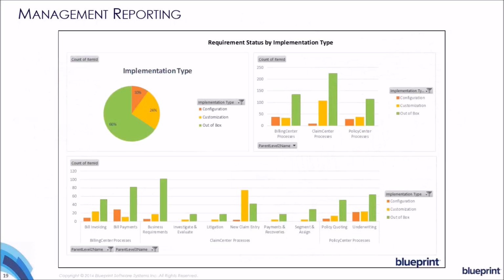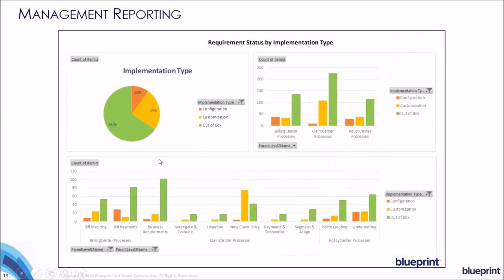Here's an example that I wanted to share with you of requirement status by implementation type. If you're implementing a packaged software, and let's say in the top left there, the implementation type is configuration, customization, or out of the box, and you might have it set that out of the box should be 75%, configuration 15%, and customization 10%.